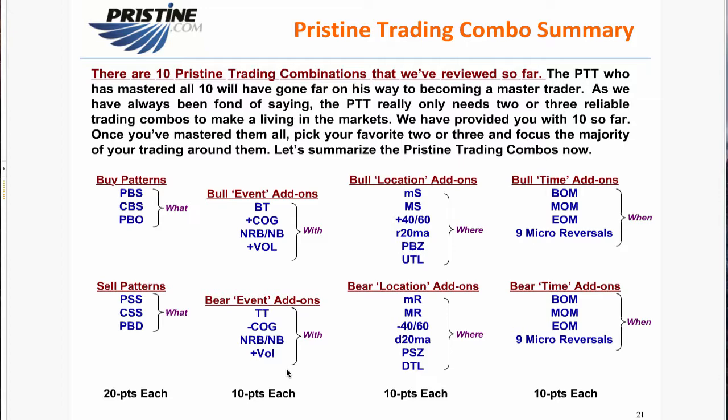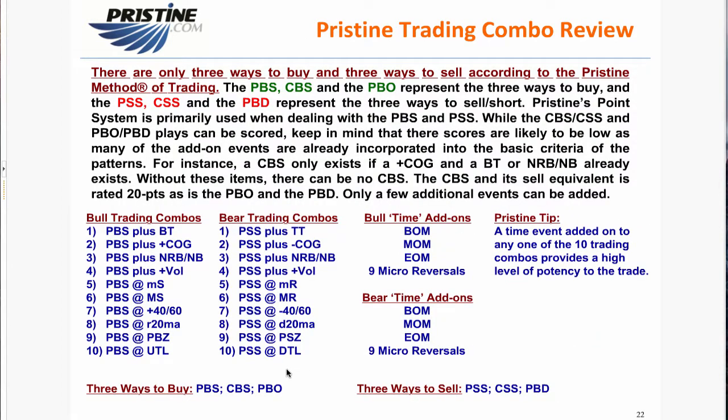And here's just a little slide showing different combinations. I'm not going to go through all this because we've done a lot of it already, looking at many, many examples of what the buy and sell setups look like with these different amplifiers.